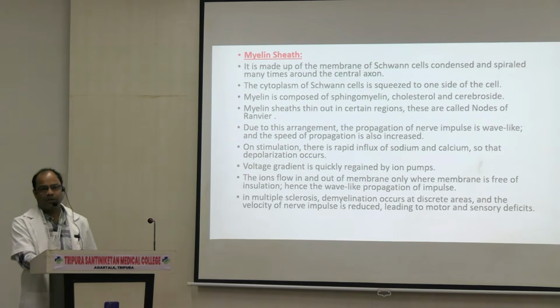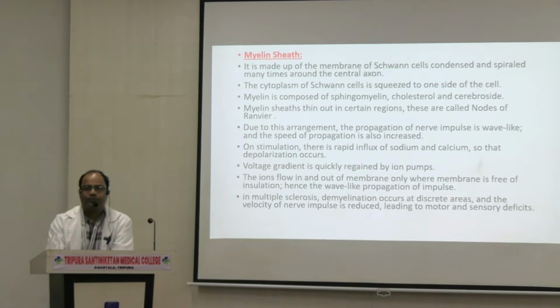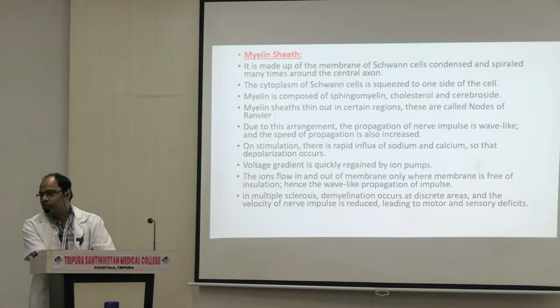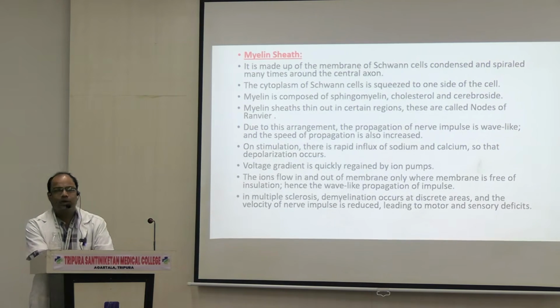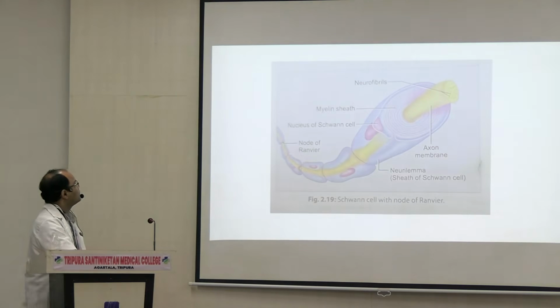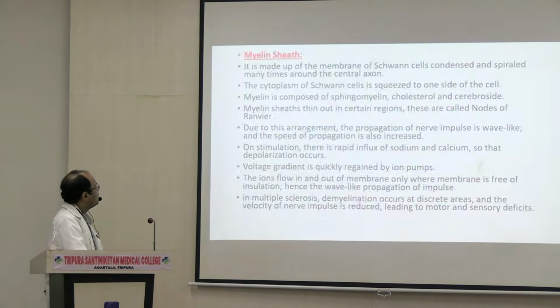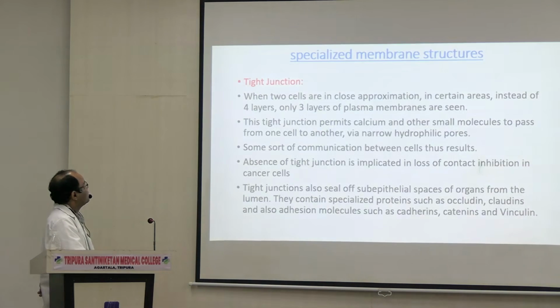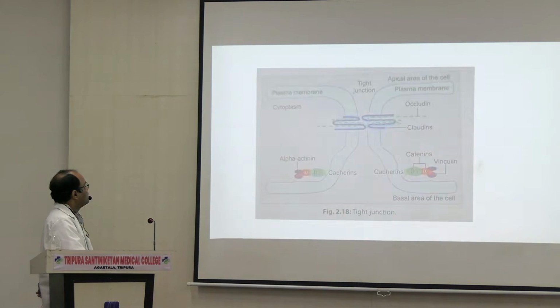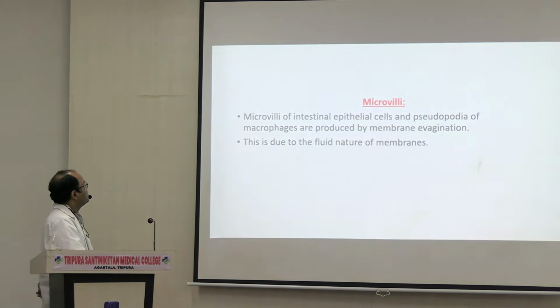Very bad disease, multiple sclerosis. So there are some examples of specialized membrane proteins like tight junction and myelin sheath.